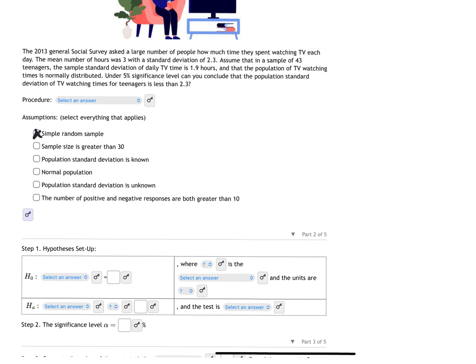You need some sort of random sampling. You need the population standard deviation is unknown. If it was known, then we wouldn't have to worry about that. And we need a normal distribution on this. Okay, so those are the things that we're looking for in terms of assumptions made.